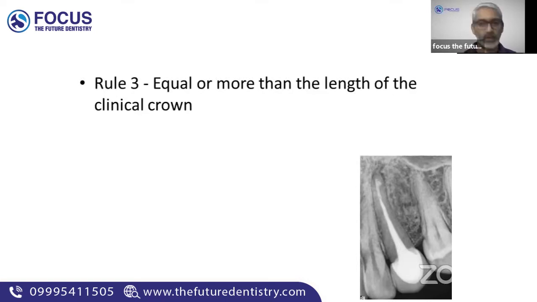Better to keep it more than the length of your clinical crown. So the depth of your post which goes into your canal, as you see in this particular picture, has to be more than the length of your clinical crown, like this. That is rule number three.